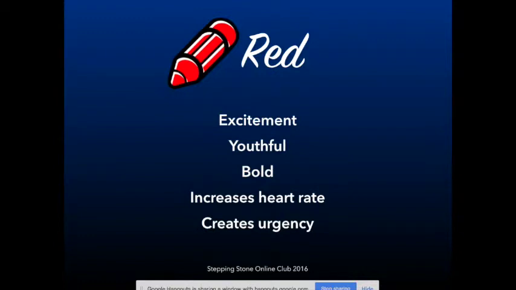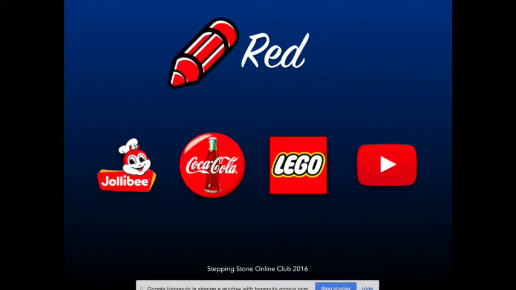It shows excitement, youthful, bold. It increases heart rate, creates urgency, which explains why when there's a sale at the mall, they always use red. Here are the brands that have red on their logos: Jollibee, Coca-Cola, Lego, and YouTube.